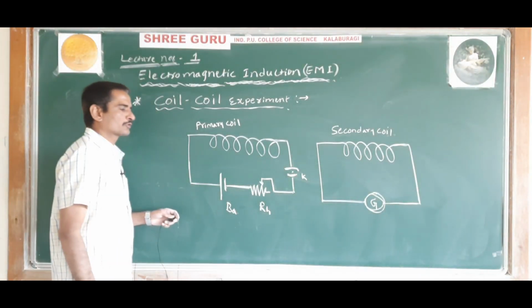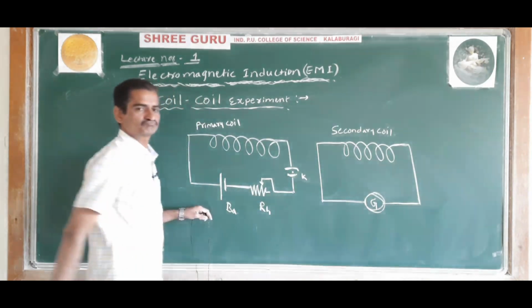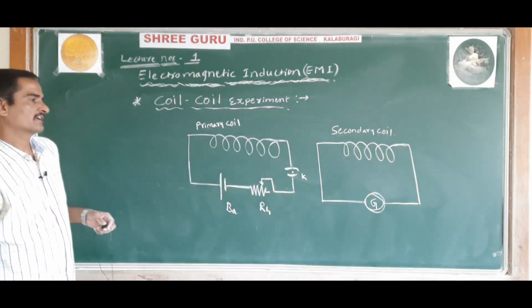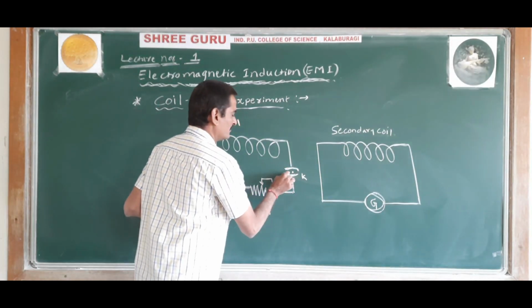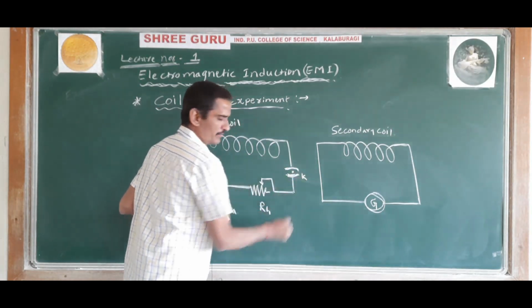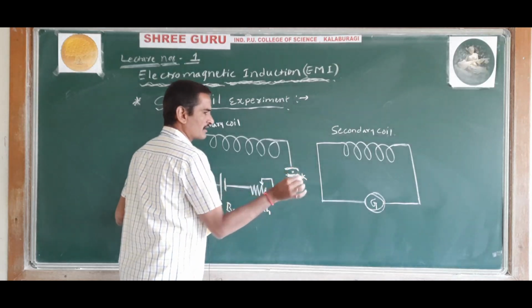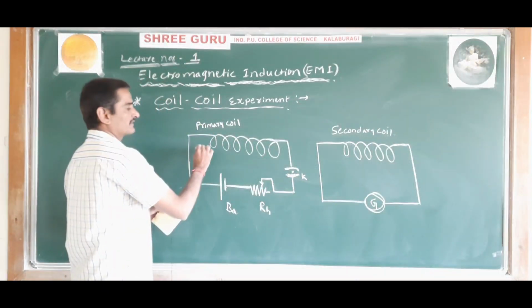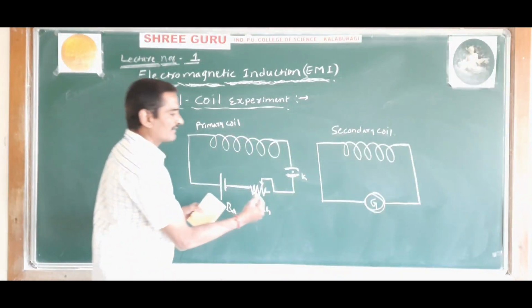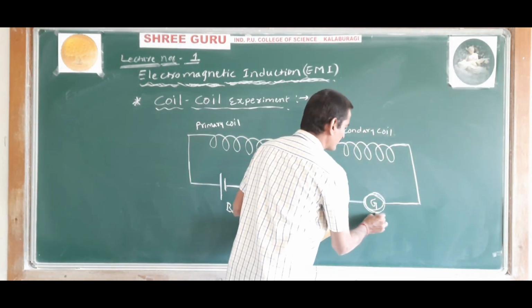Okay. So first, when the plug key is switched on or off, the current through this circuit changes, and then the galvanometer shows a deflection.